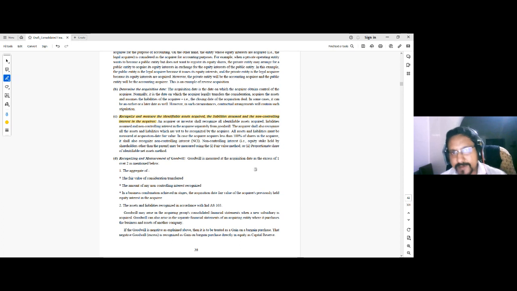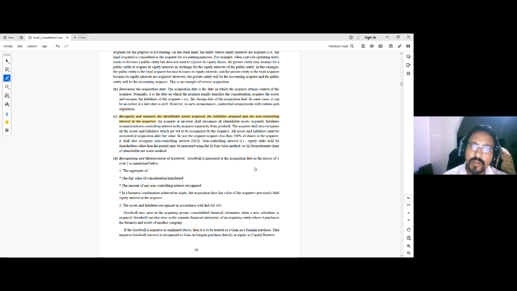On the date of acquisition, the holding company needs to value the assets that it gets from the subsidiary, over which it gets control, and the liabilities that the subsidiary holds. The holding company needs to identify and value them, and then record the same in the consolidated set of accounts, and also record the amount attributable to non-controlling interest.